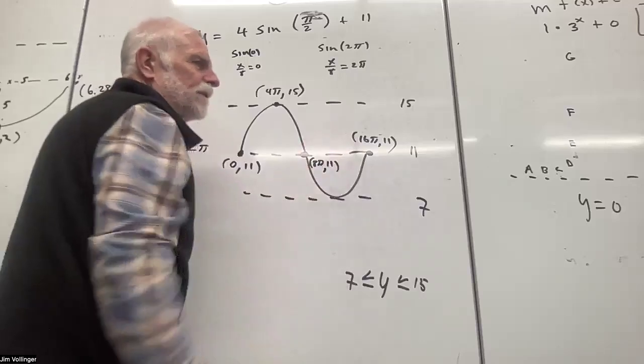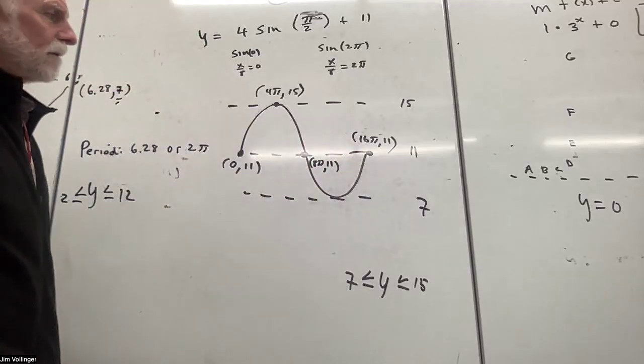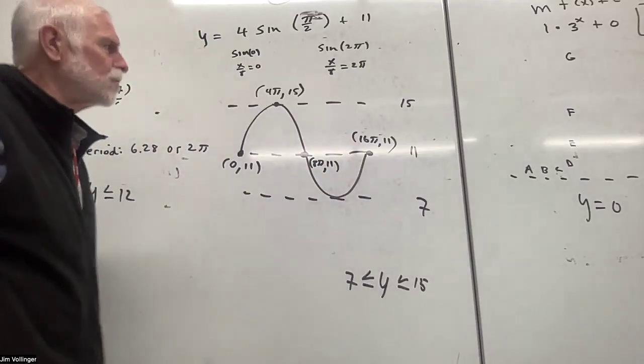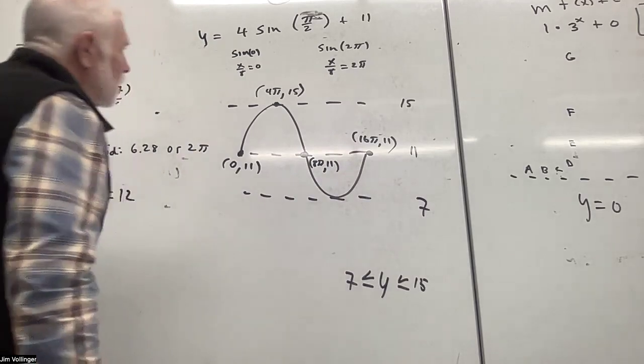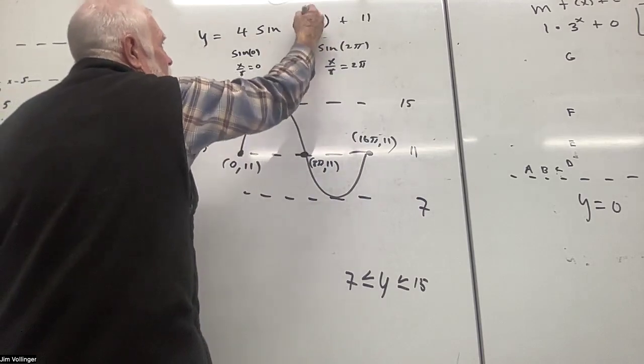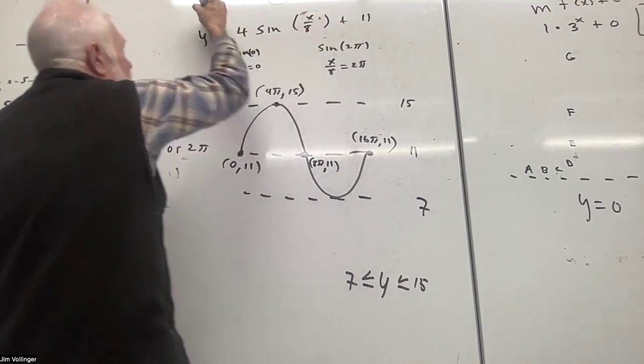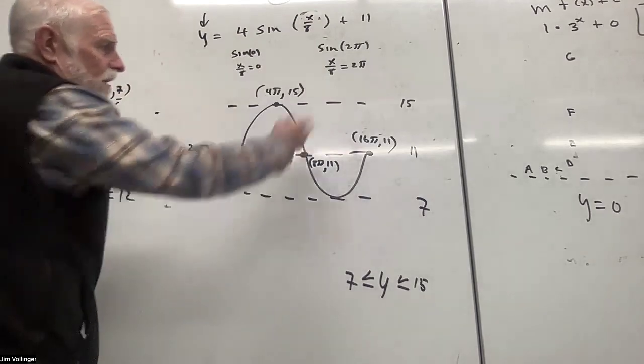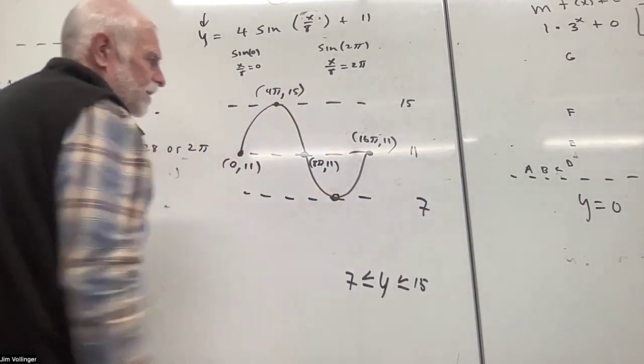And we're starting to fill in some tabular values to help us visualize all the solutions to the equation for sine pi x over 8 plus 11 y values. We could get more. We could find this one easily enough.